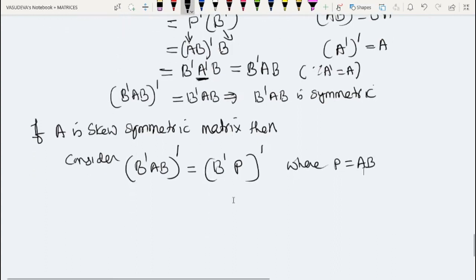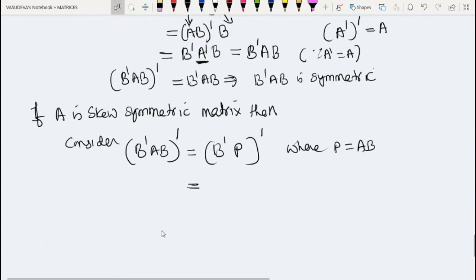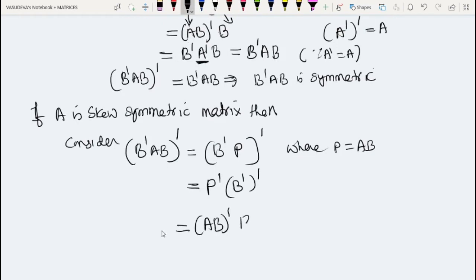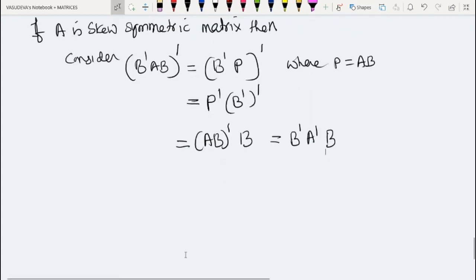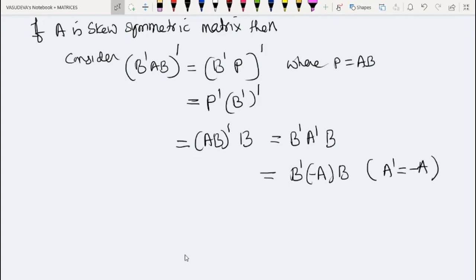Now again by the property of the transpose, you can write P'(B')'. So P can be written as (AB)' into (B')' is B. So again this can be written as B'A'B. So here B'A' is written as minus A, because A' is equal to minus A, because A is skew symmetric.